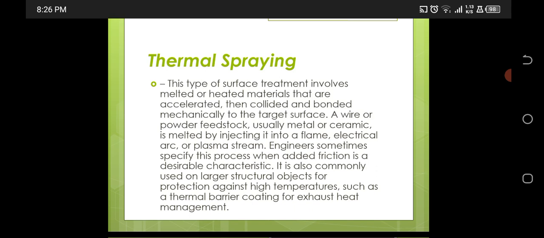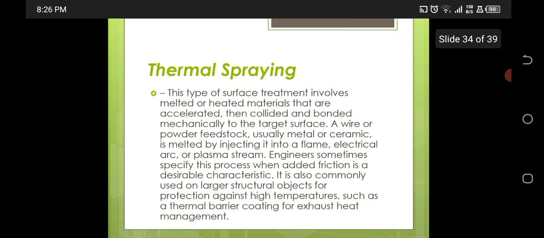Before discussing this method, we have to look at two terminologies: what is corrosion and what is rusting. The deterioration of any metal is called corrosion. But if we specifically talk about iron, then this is called rusting.